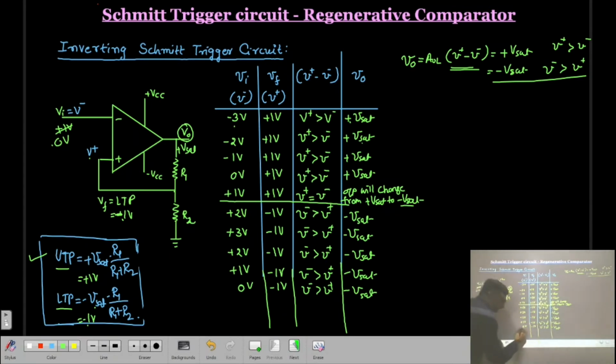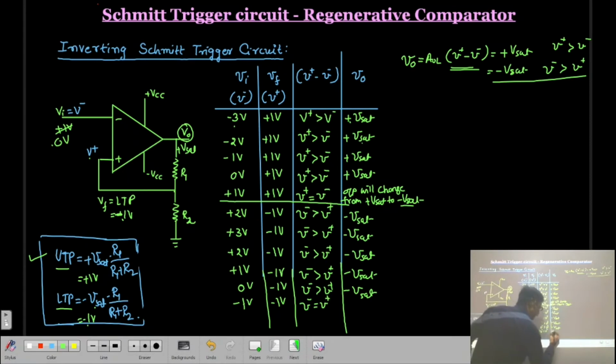Now again we decrease this voltage and it becomes minus 1 volt. What is my feedback voltage at that time? Minus 1 volt. So here V minus and V plus both are the same. Means the transition will occur. And the transition will occur means the previous state was minus V saturation, now it will go to plus V saturation.